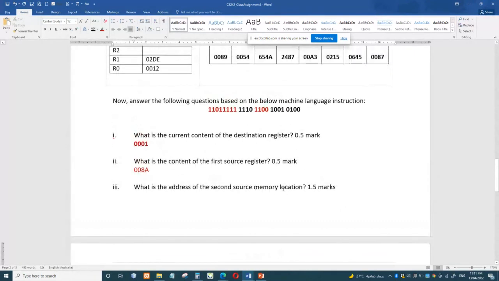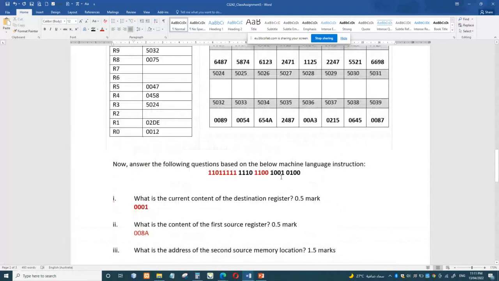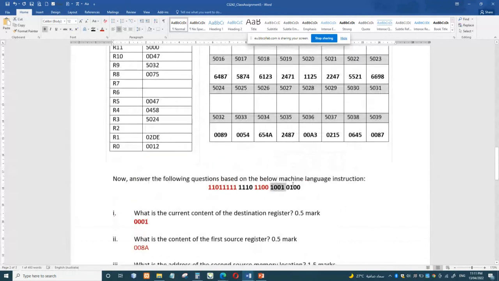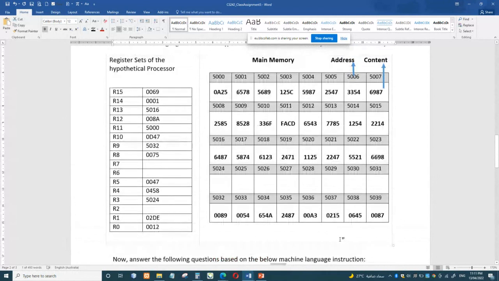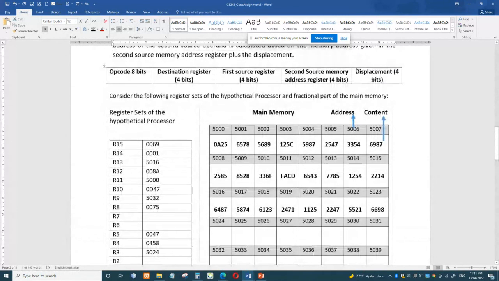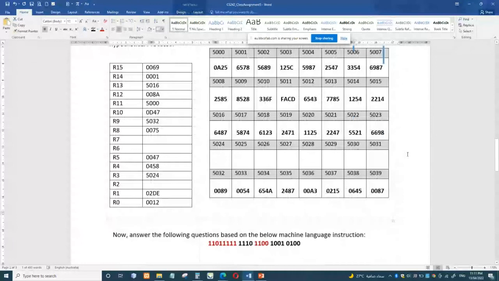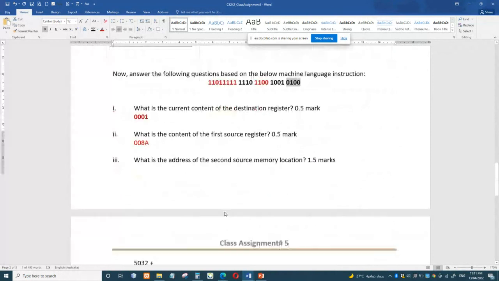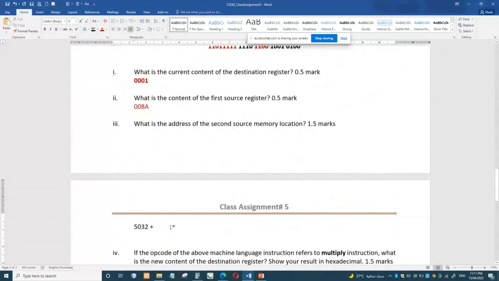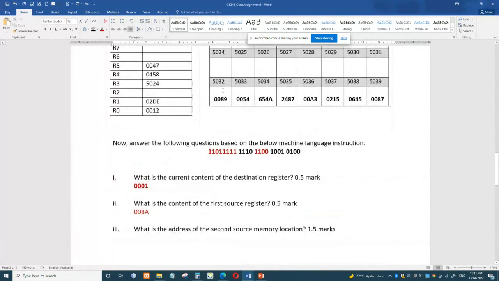The second source memory location is given in register number 9, but that is the starting address, your base register value. You still need the displacement. What is the displacement given here? 4. So 5032 plus 4, what will be the value?